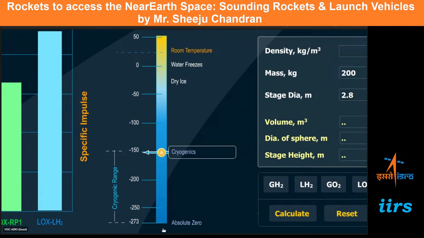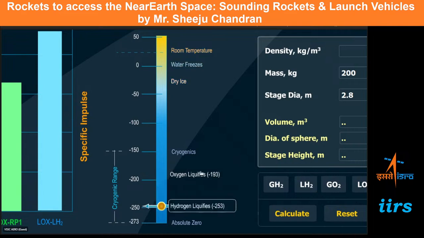So we have crossed -150, we are still going down, but hydrogen and oxygen have not got liquefied, because their boiling points are so low. At -193 degrees Celsius, oxygen liquefies. At -253 degrees Celsius, hydrogen liquefies. So what does it mean?